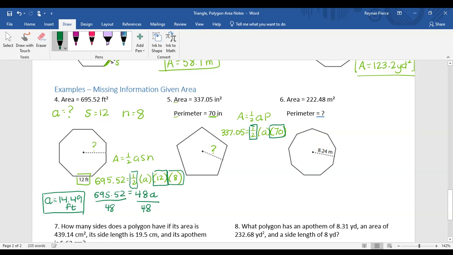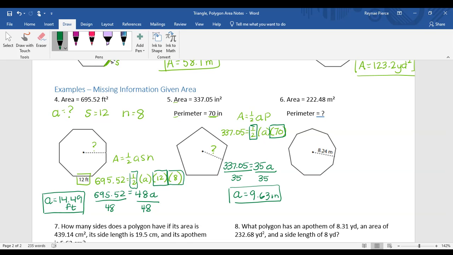Multiply the numbers that I have on the right side. My left side stays the same. 1/2 times 70 is 35. And then to find the length of my apothem, divide both sides by 35. It tells me that for this pentagon, my apothem is 9.63 inches.